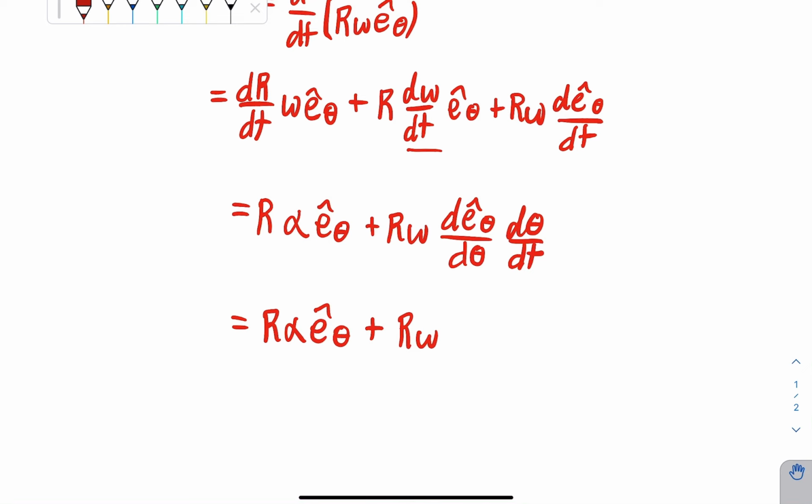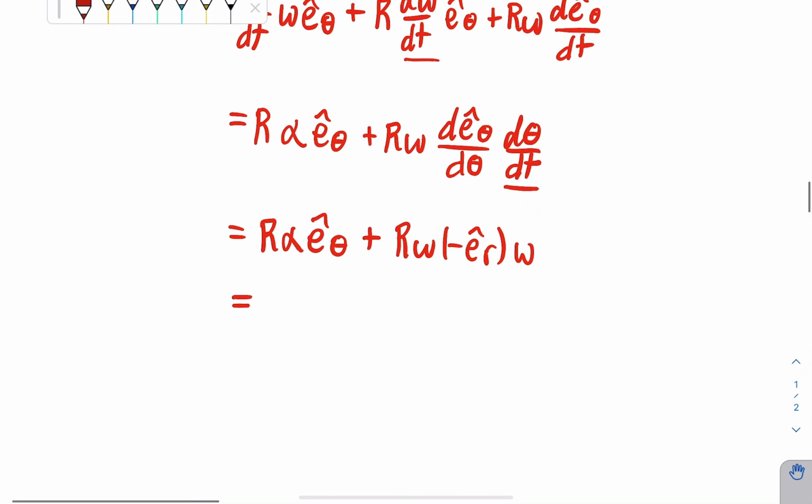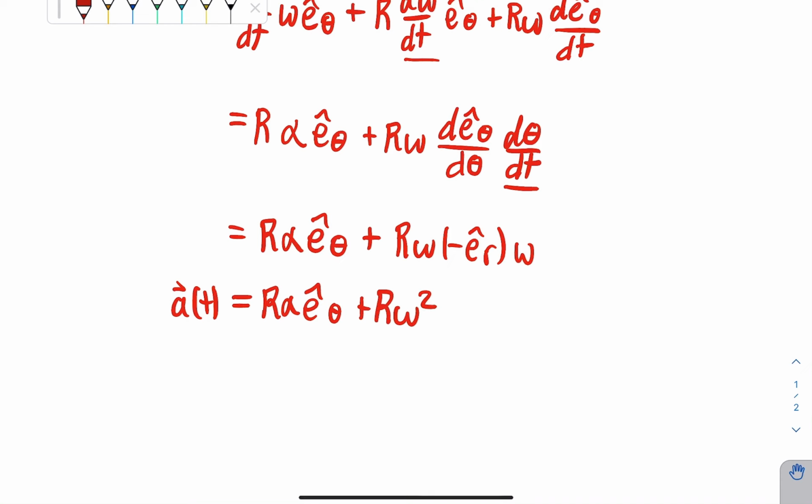d e sub theta by d theta is going to be negative e sub r times omega again, because we're differentiating there. So you can write this more compactly. The acceleration is going to be equal to r alpha e sub theta minus r omega squared e hat sub r.